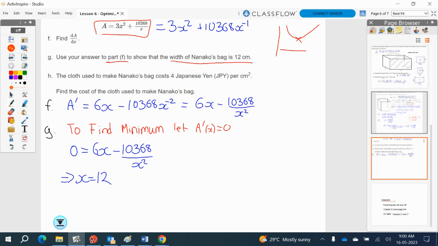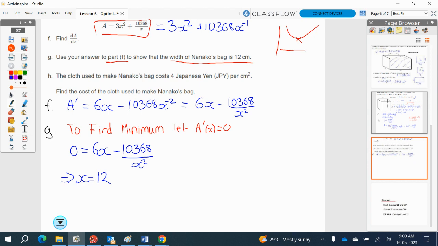Okay, the cloth used to make her bag costs 4 yen per centimeter squared. This is where it's an interpretation. We need to calculate the cost of cloth used to make her bag. How do we do that? Multiply the surface area by 4. Yeah.